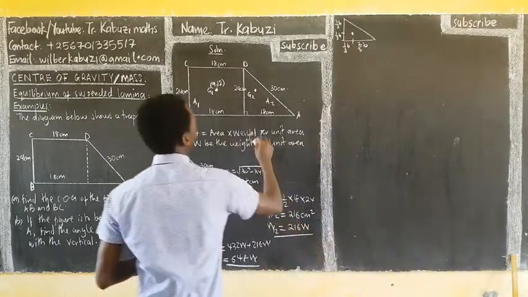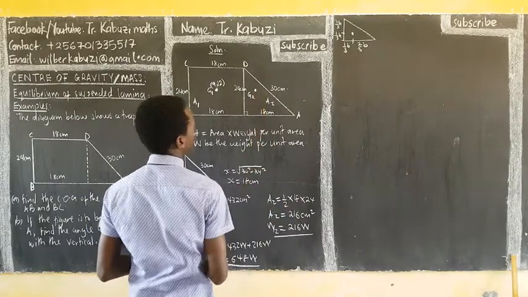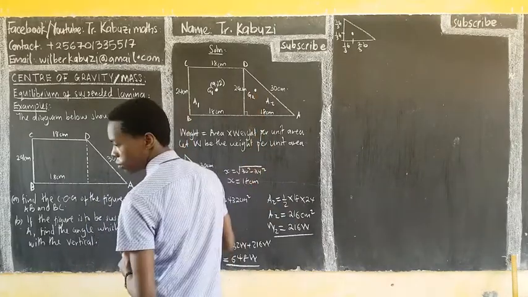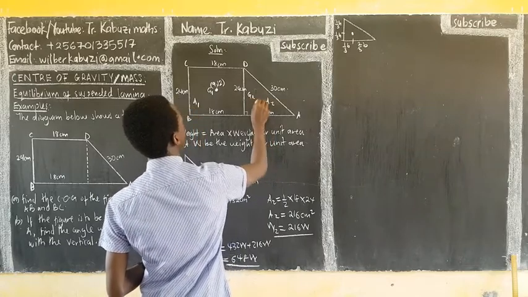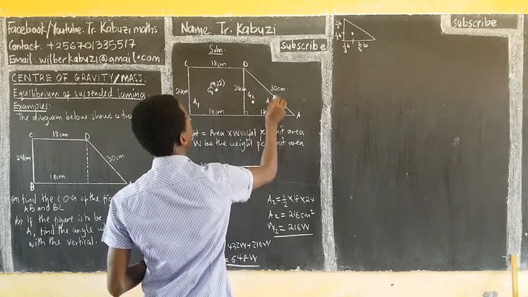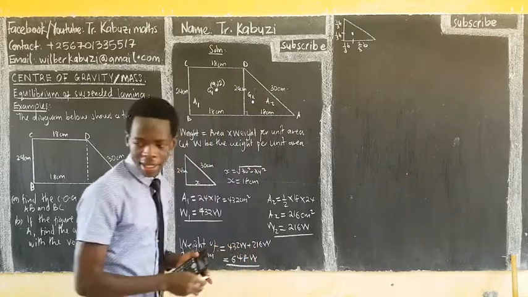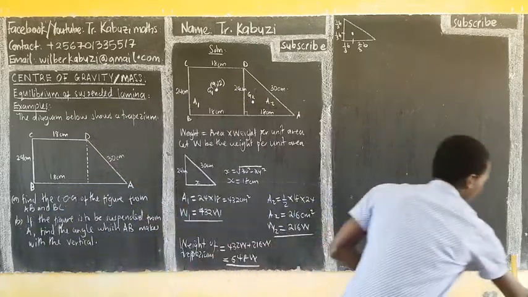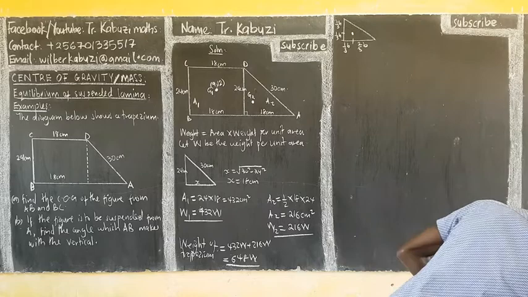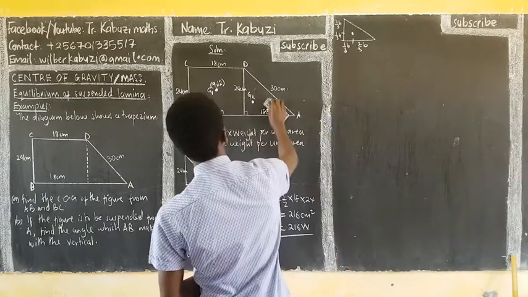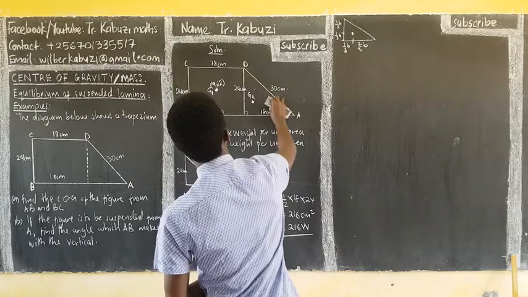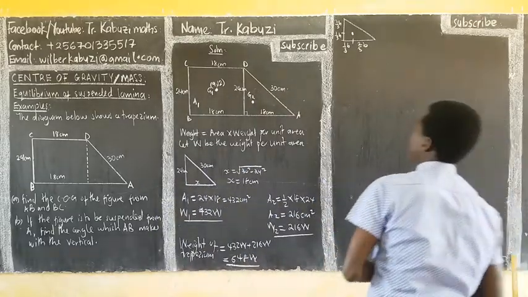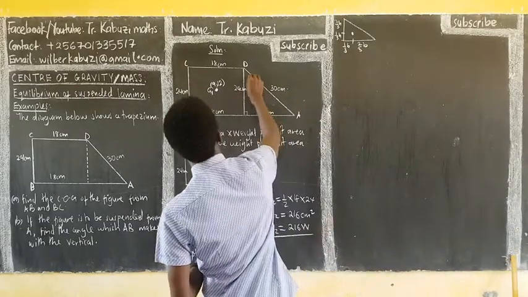Now, from here up here, the center of gravity, of course, it's going to be somewhere here, D2. So if this is my F2, let me put it there.